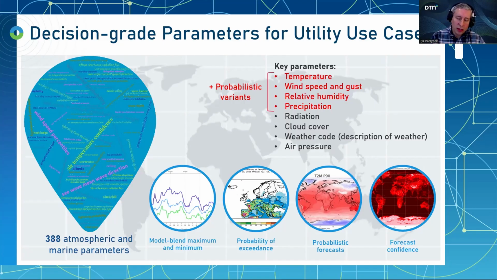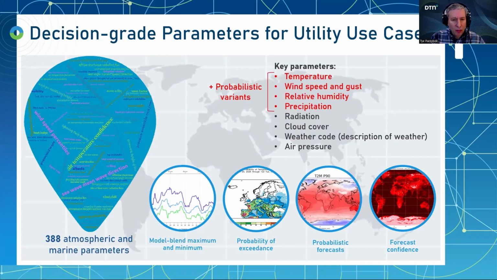Going down to what we call probabilistic variants, the first one is the model blend maximum and minimum. We have the luxury of having these 18 models plus ensembles, which adds many additional forecasts. We have a very robust statistical data set to calculate a number of statistical outputs for you to use.